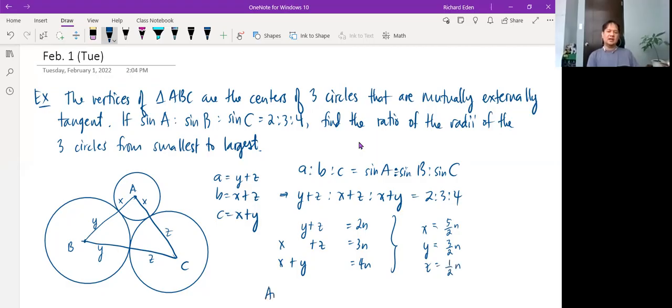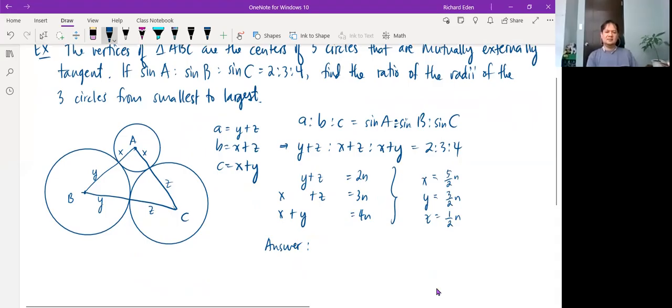So therefore, the answer is 1 is to 3 is to 5. 1:3:5.